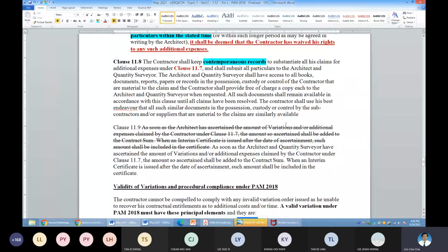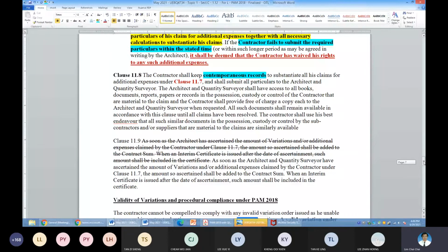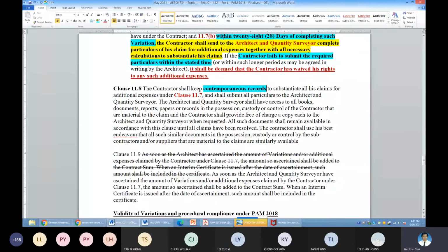What is the timely? Because the rule here is usually you need to submit all your records in a timely manner. So the timely manner is stated here. Is within 28 days of everything completed, you have to submit everything to support. Or sometimes you may submit earlier.